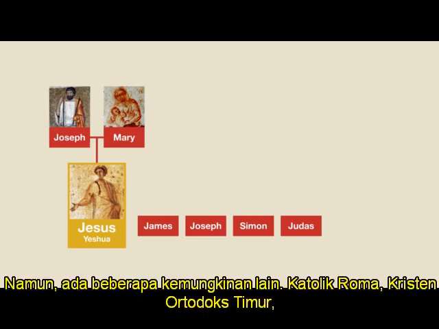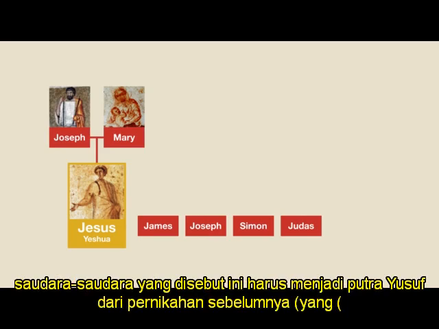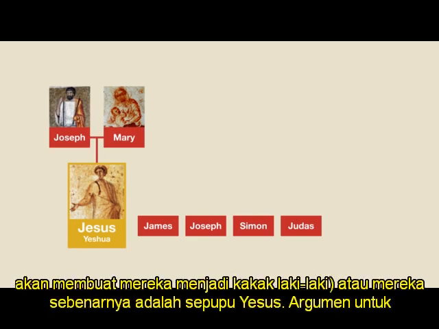However, there are a few other possibilities. Roman Catholics, Eastern Orthodox Christians, and some Protestants believe that Mary remained a virgin for the rest of her life. Therefore, these so-called brothers must either be sons of Joseph from a previous marriage, which would make them older brothers, or they were actually Jesus' cousins.